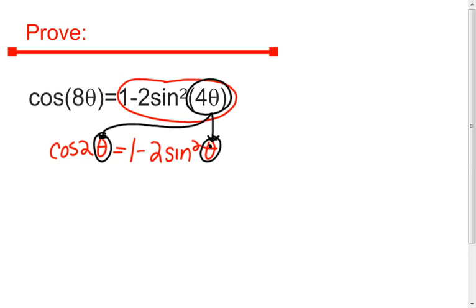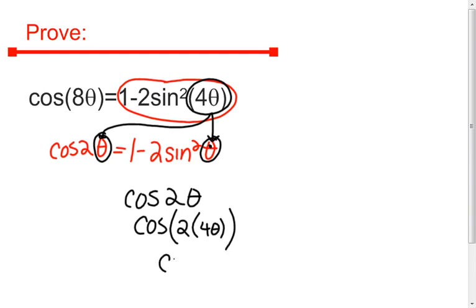So you don't even need to show me that piece of it. All you really need to show me is this. This is the formula for cosine at 2 theta, and what's plugged in for theta, instead of theta, it's 4 theta in this problem, and 2 times 4 theta obviously makes 8 theta. And that's what I need to see is the piece in black.